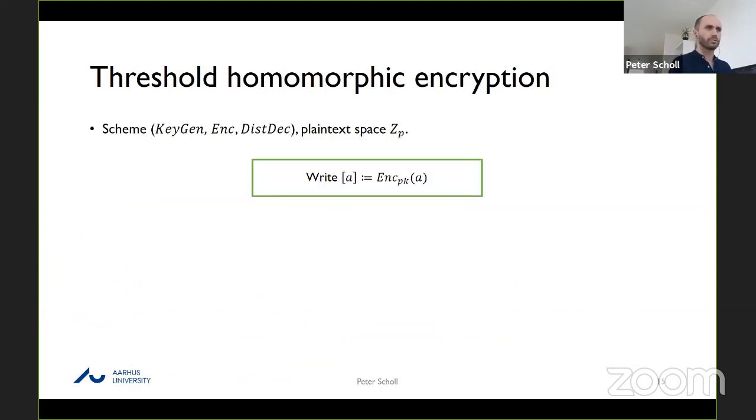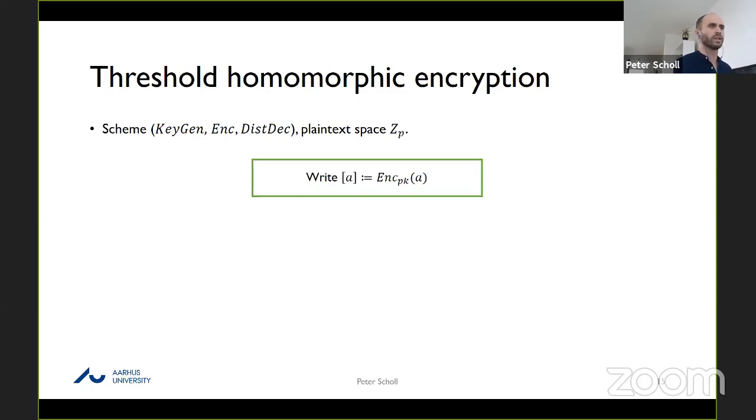Okay, so the main tool we use is a homomorphic encryption scheme with this threshold property. So here we have some algorithms, keygen, encryption, and distributed decryption, where actually both the key generation and distributed decryption will be interactive protocols. And the scheme has a plaintext space Z_p, where p is the modulus for the arithmetic circuit we want to compute.